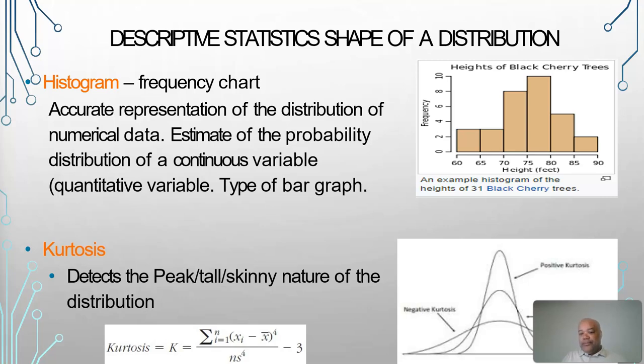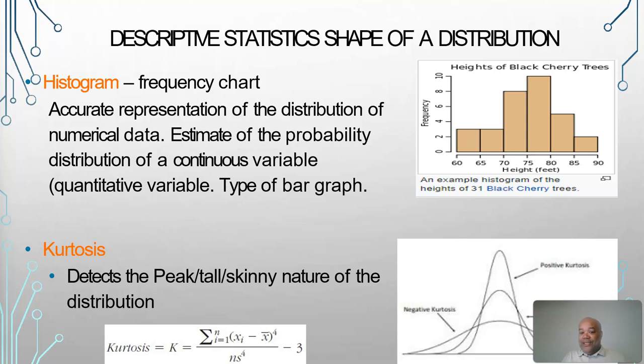Understanding the shape of a data distribution is really crucial for descriptive statistics because it reveals key patterns and tendencies. A histogram is one of the most effective tools for visualizing the frequency distribution of numerical data.